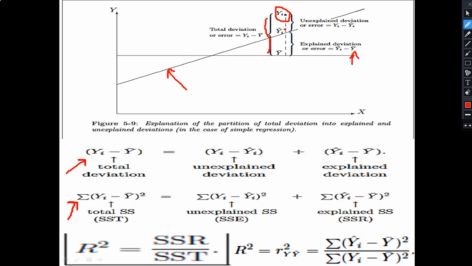Finally, we find that R square, which is the coefficient of determination, equals SSR over SST, and at the same time it is equal to the summation of y hat minus y bar squared over the summation of yi minus y bar squared. And we know what it means.